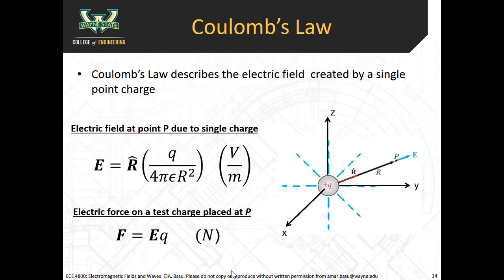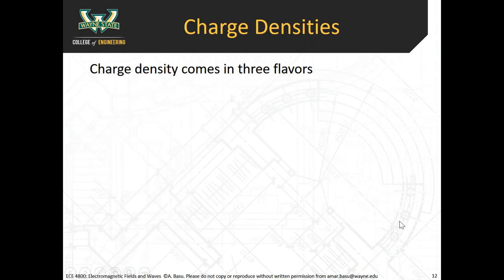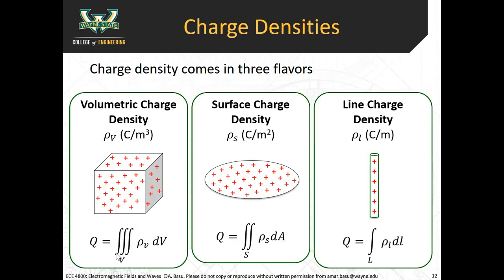What is a charge distribution? Well, a simple charge distribution is just a parallel plate capacitor. Other charge distributions are the things we saw here. Let's say you have a distribution of charge within a volume, or a distribution of charge on a metal surface, or a line charge density along a wire of some sort.